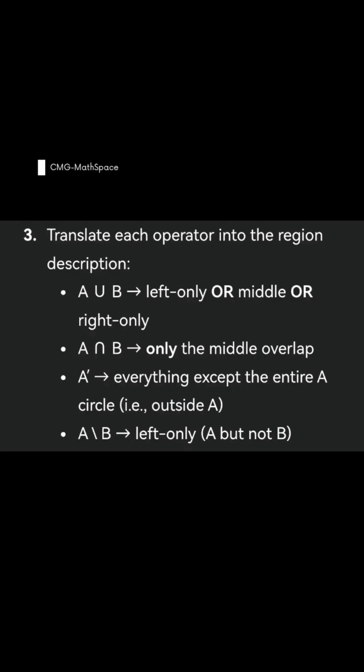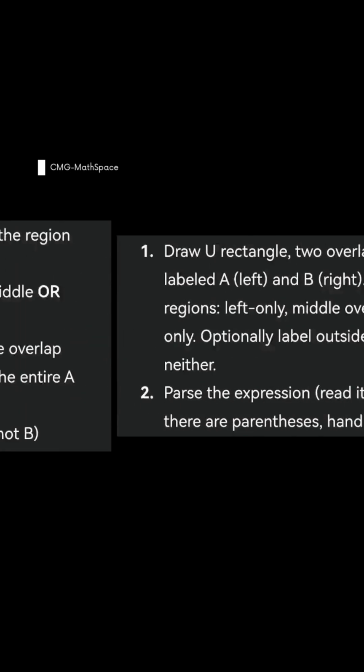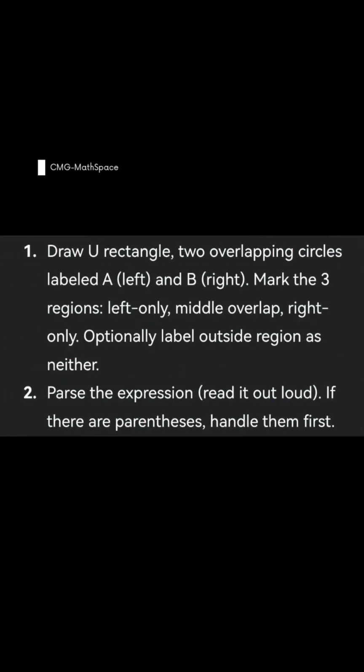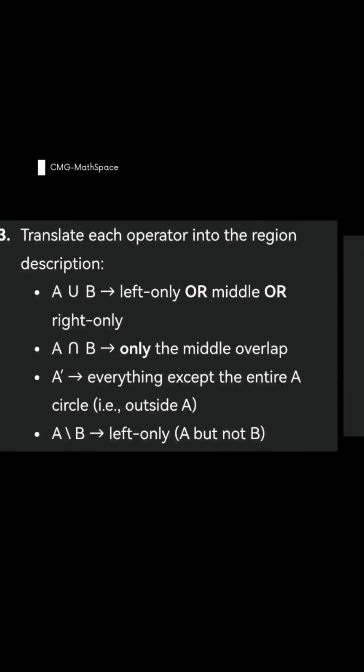Now we have A intersection B, and this one talks about only where there's the overlap, right? The middle there. You see that colored portion is a bit deeper, more like a mustard color. So that's what we're talking about. I can't be swapping them going left and right, so just have the image alongside, and then be checking that, right?